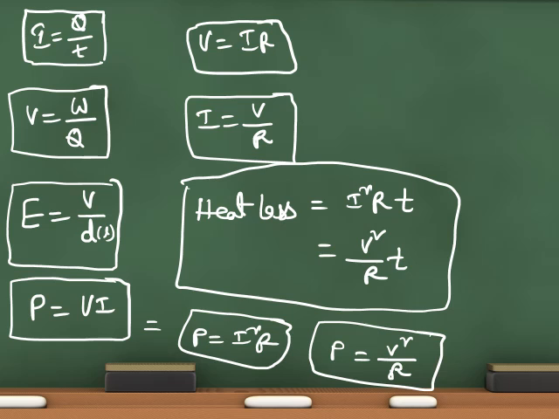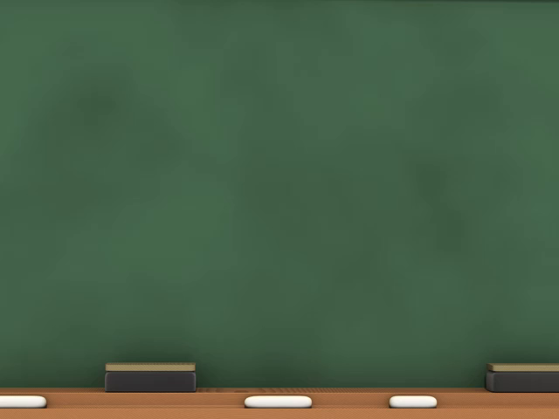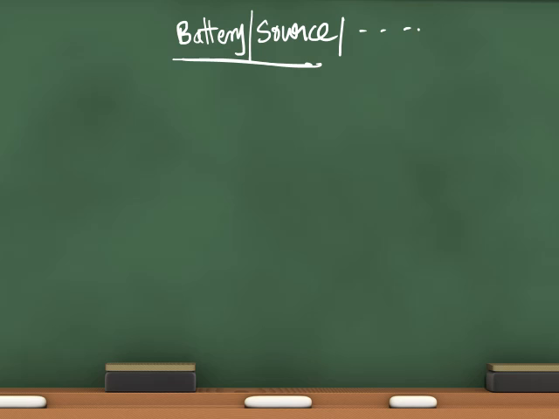Next, what is a battery? Or a source, anything which is capable of supplying charges. We are discussing till now that the flow of charge is current. But where is this charge?